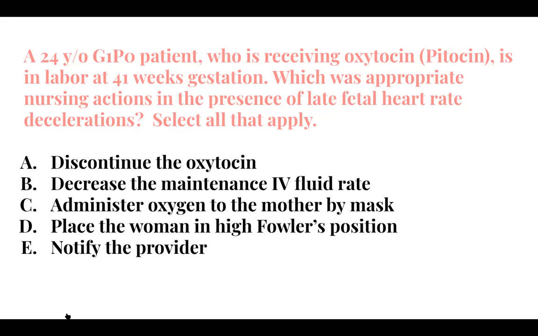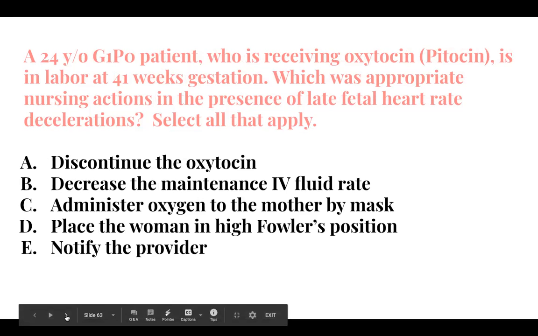You want to administer oxygen to the mom to make sure that that fetus is getting oxygen, because they might be cut off from their oxygen supply, or they might not be getting enough. And then you want to notify the healthcare provider. If their cord is prolapsed, then they might need to alert the provider that the patient might need surgery at that point in time. So late decels are a big deal.